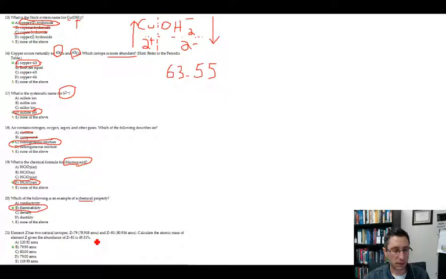21, a lot of people got this one wrong or were confused by it. Element Z has 2 isotopes. Calculate the atomic mass of element Z given the abundance of one of the isotopes is 49.31. Inherently, there's only 2 isotopes, so those 2 isotopes must add up to 100%.